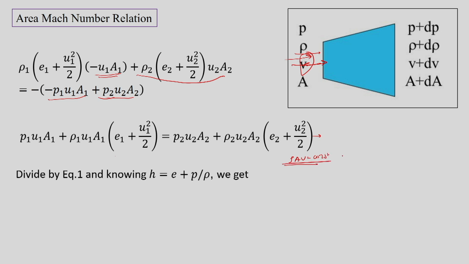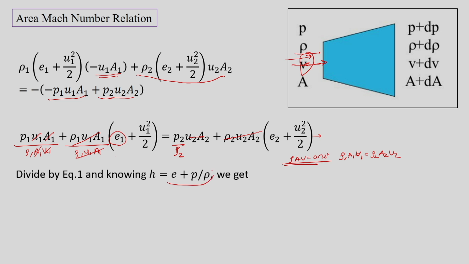So, rho 1 A1 u1 is equal to rho 2 A2 u2, and now we can divide this expression completely. Here u1 and u1 will get cancelled, A1 and A1 will get cancelled, and rho 1 will get cancelled. Similarly, we will have this equal to p2 upon rho 2, and the common terms will cancel. So we have p1 upon rho 1 plus e1.